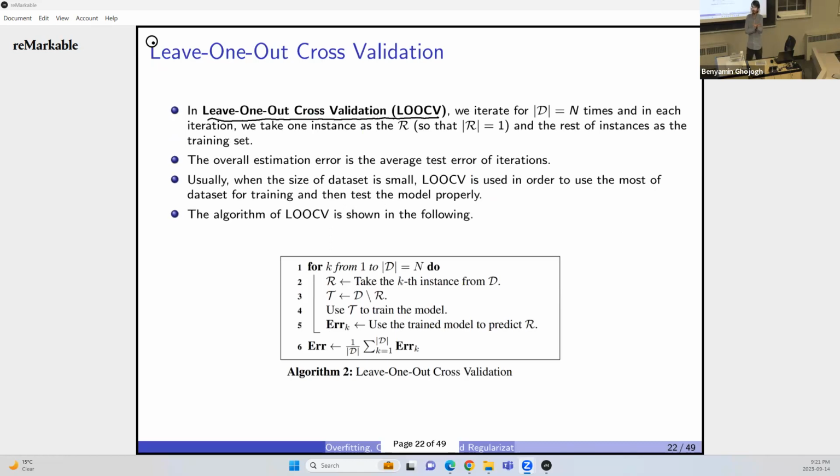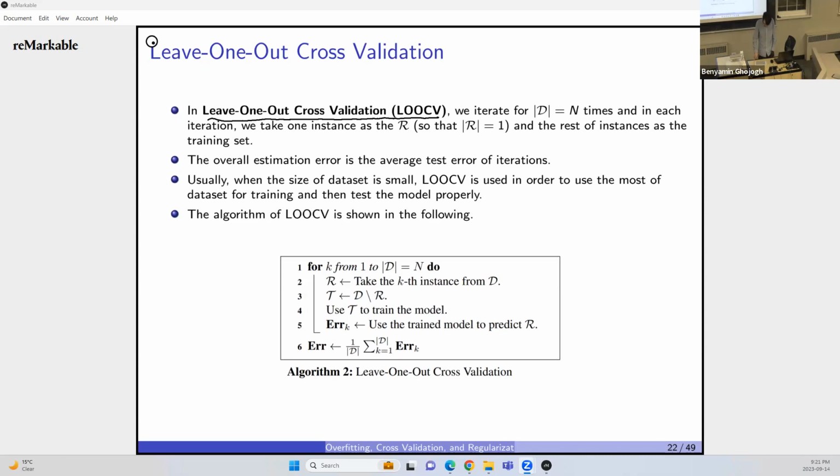When the number of data points is small, it doesn't make much sense to do, for example, 10-fold cross-validation. For example, when you have 20 data points and divide them into 10 partitions, sometimes you have too little data in each. In this case, we use leave one out cross-validation.